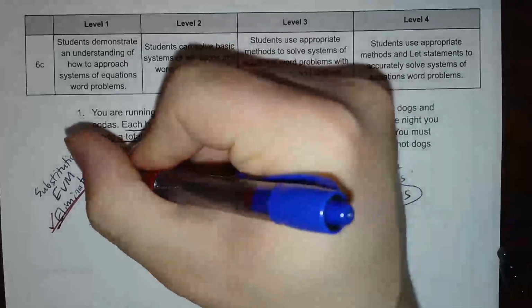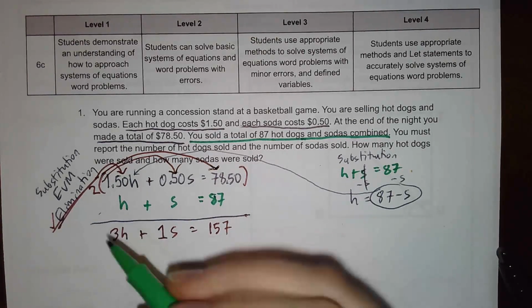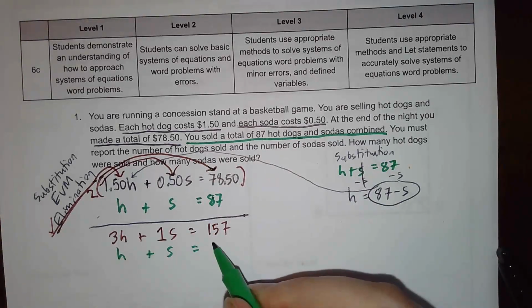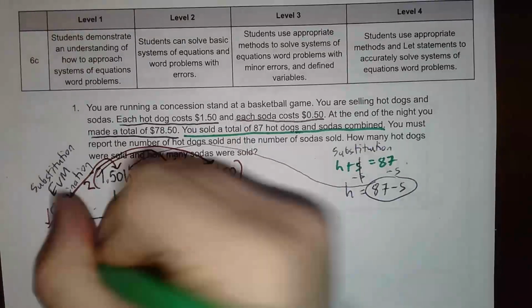Remember, we have to multiply each term by that value. So now I'm going to rewrite this equation, perhaps underneath it, and I will go ahead and subtract these two equations.